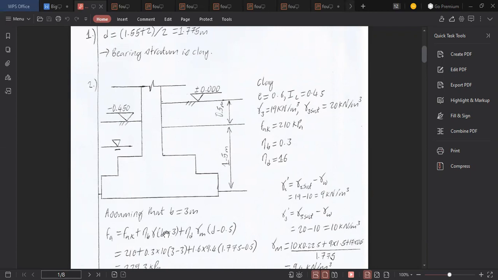B here is the breadth of the foundation, or the shortest distance in the case of a triangle or a rectangle. We need ND as well. NB and ND are standard values which come from the choice of the bearing stratum.